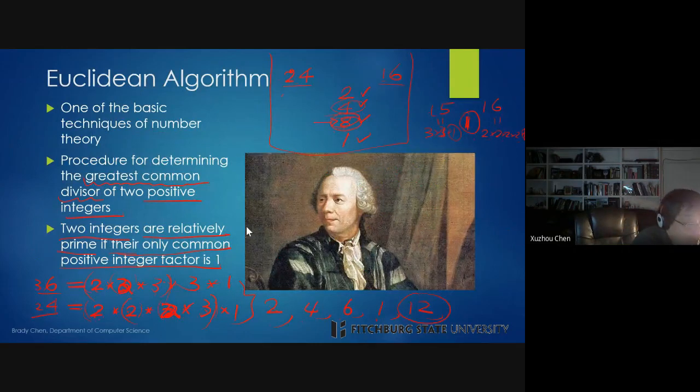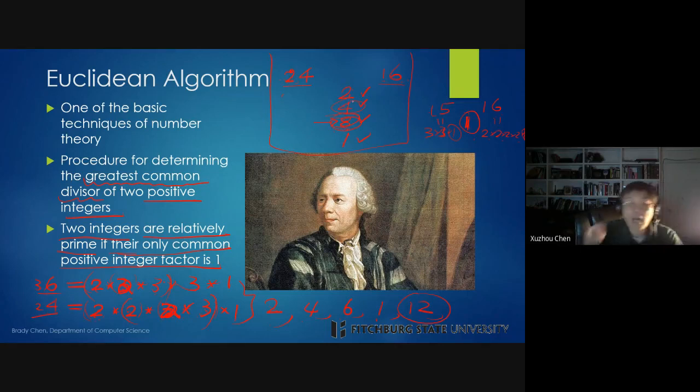Now, 8 is the greatest common divisor, right? So that means 8 is a common divisor. So 8 divides 24 and 16. Now, the second condition says, if any other number can divide both, like 2 divides 24 and 2 divides 16, 2 can also divide 8. 4 can divide 24, and 4 can divide 16, and 4 can also divide 8.